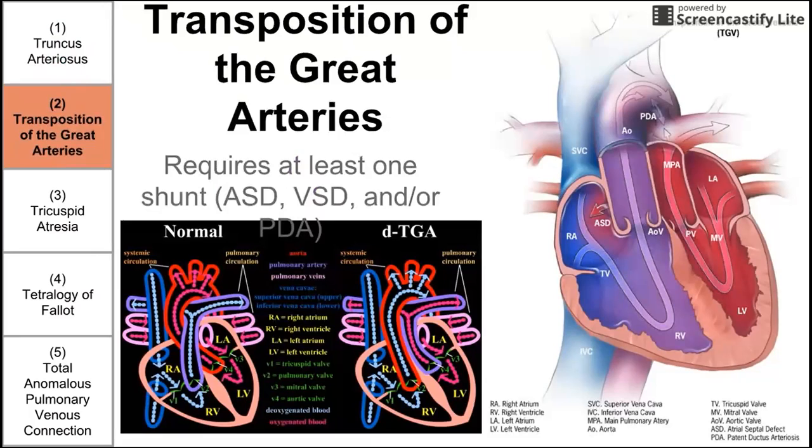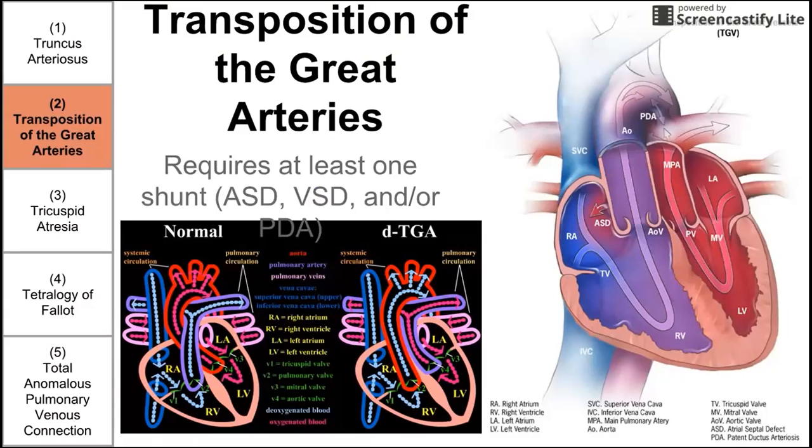And this is a very interesting disease because it results in 2 separate circulations of blood. The right side of the heart is pumping through the systemic circulation, and that's like an isolated system from the left side of the heart, which is pumping through the pulmonary circulation. So in order for somebody with transposition of the great arteries to survive, they need at least one shunt.